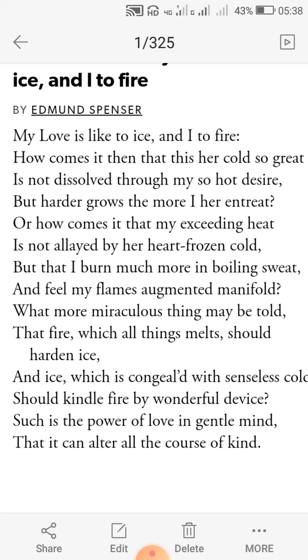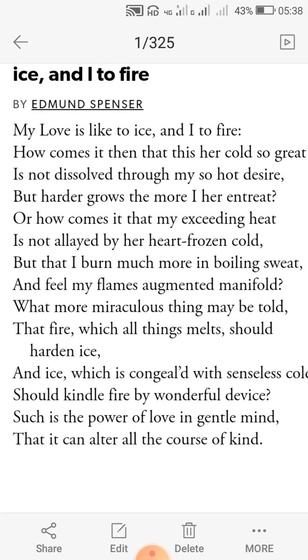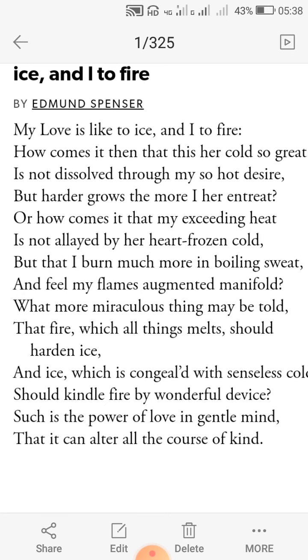The coldness of his wife grows the more he entreats, the more he beseeches for the love of his wife. She is very cold. Her coldness grows harder.